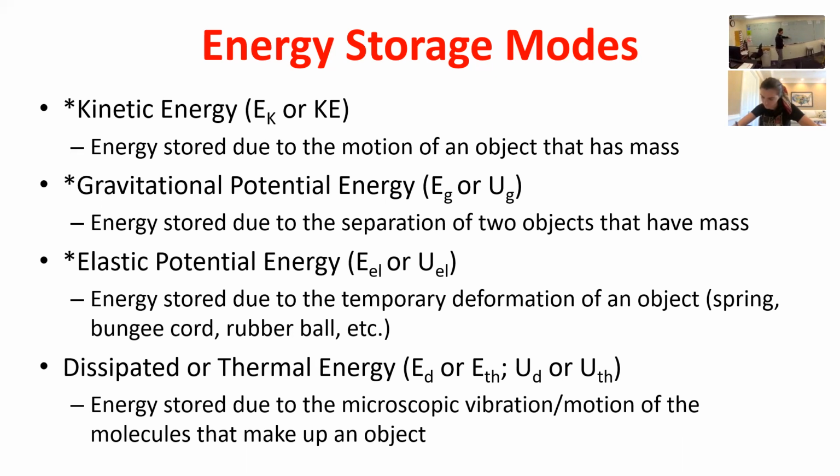All right, how about this one? Mass is measured in kilograms. Velocity is measured in meters per second, but we have to square it. So I'm going to write it in a funny way, but that would be kilograms times meters, right?